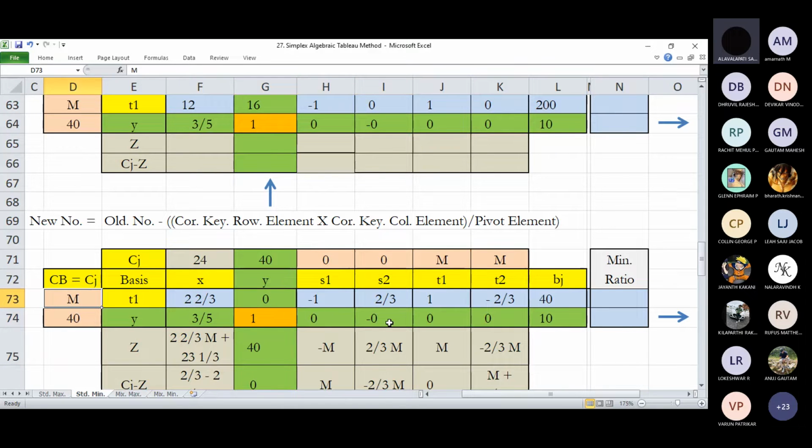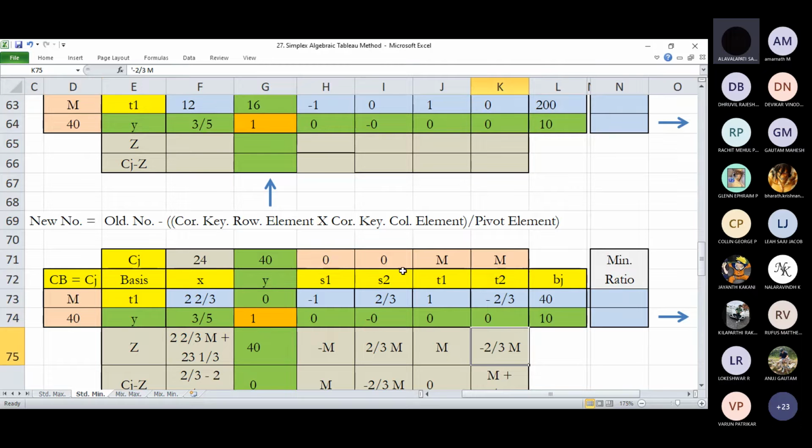Then 2 by 3 m, plus minus this value 1 by 24, minus 1 by 24 into 40, which is nothing but 2 by 3 m or something like that. Then it is 1 into m plus 0 into 40, which is m, and minus 2 by 3 into m plus 40 into 0 is minus 2 by 3 m.